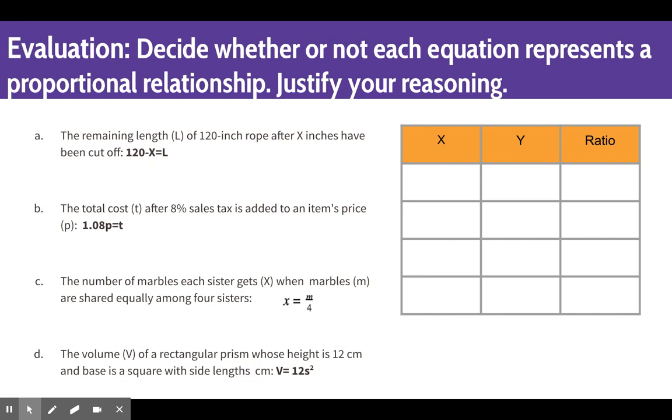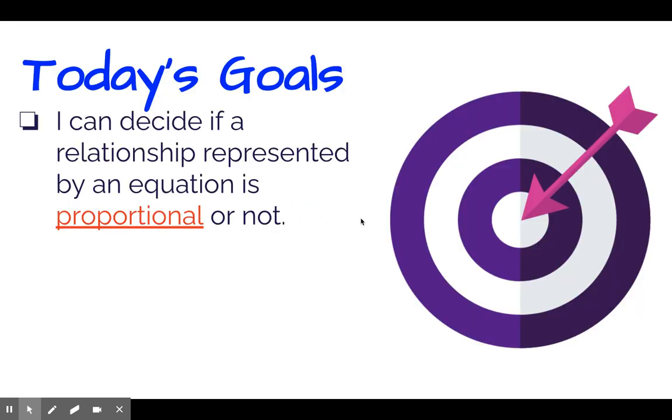If I look at letter choice C, x equals m over 4, this one could be a little tricky, but this one is thumbs up. This is a proportional relationship. And then last but not least, everybody give me a thumbs up or a thumbs down. V equals 12s squared should be a thumbs down. That is not proportional.